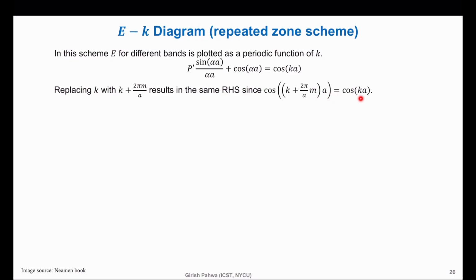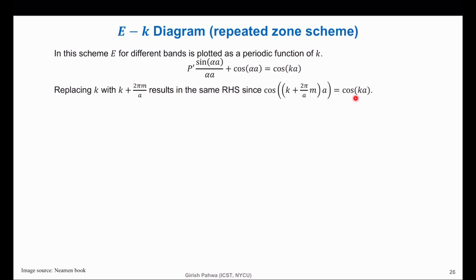This is going to give you cos of k. Multiply this, so a cancels, this will be ka plus 2 pi m, cos of x plus an integral multiple of 2 pi gives you cos of x. Okay, so that's why this.